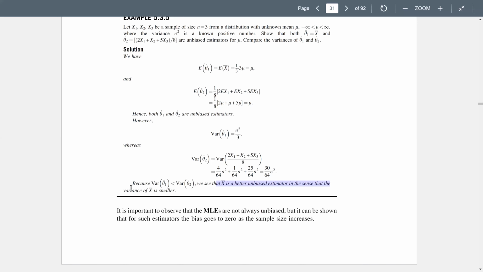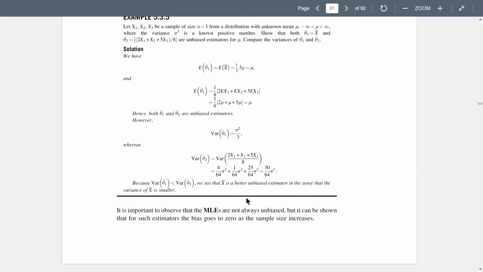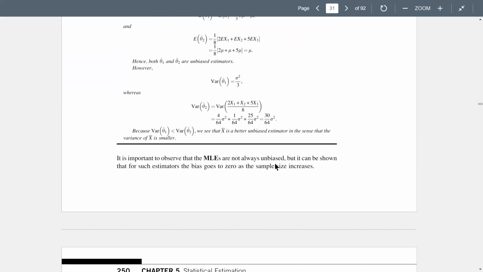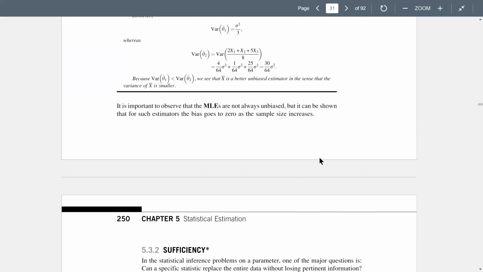We always want not just unbiasedness, we need the minimum variance, minimum mean square error. The unbiased estimator that minimizes the mean square error is called MVUE, of the theta.